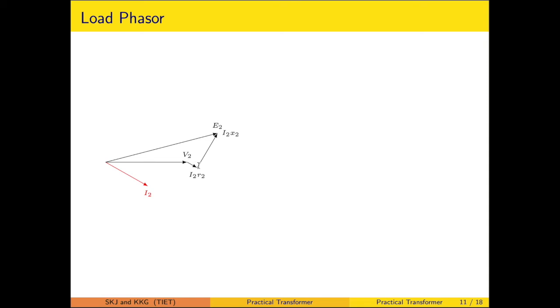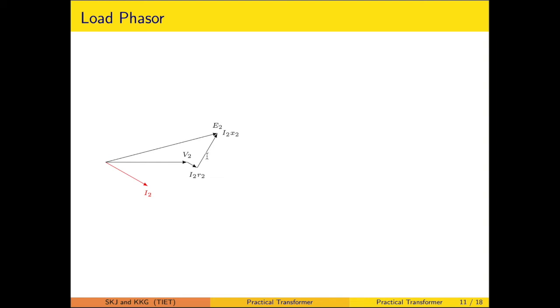Here I2R2, which is in the direction of I2, is marked. Then jI2X2 is marked 90 degrees leading to this I2R2 phasor, or 90 degrees leading to the current phasor, and these phasors are added, giving rise to E2. This we have already studied in AC systems very elaborately.